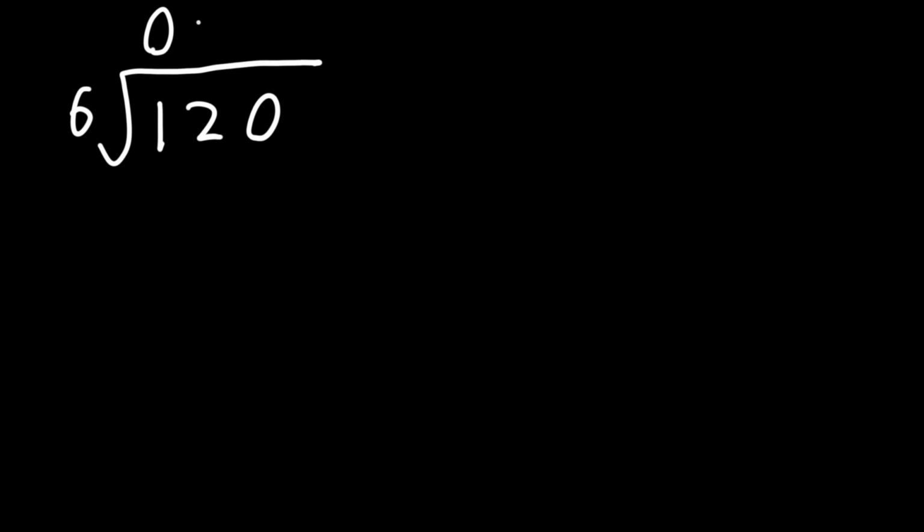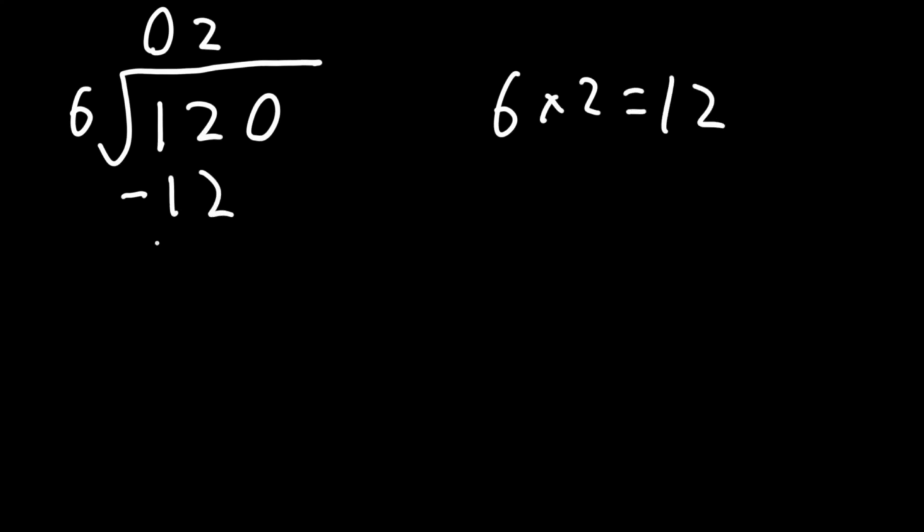So let's put a 2 on top of here, and then we have to subtract this by the divisor times the amount of times it can go in, which is 2. 6 times 2 just equals 12. So we have to subtract this by 12. 12 minus 12, that just equals 0.